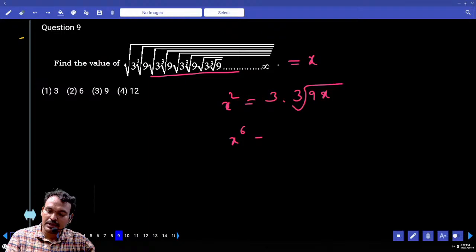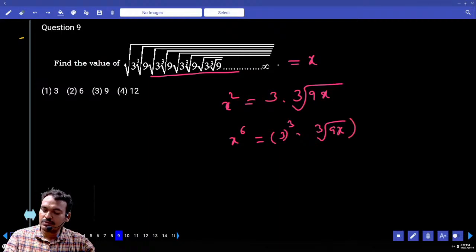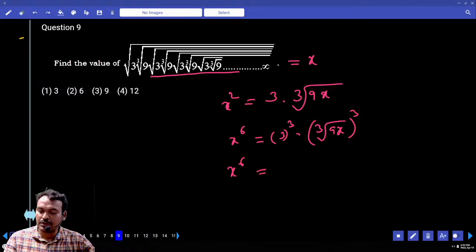Then we are getting x power 6 equal to 3 cube into cube root of 9x power how much? 3. That is equal to x power 6 into 3 cube into cube root of 9x power 3, means it is how much? 9x.